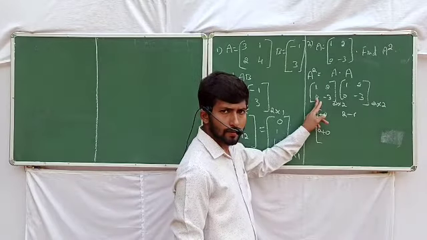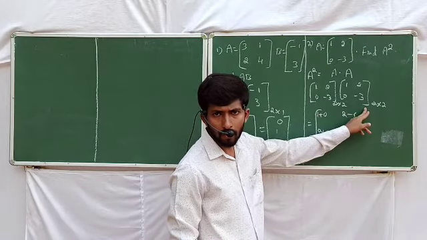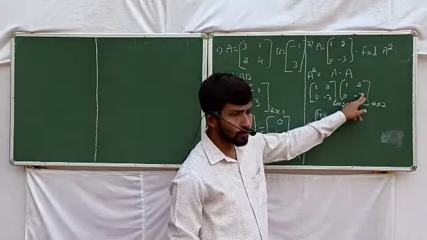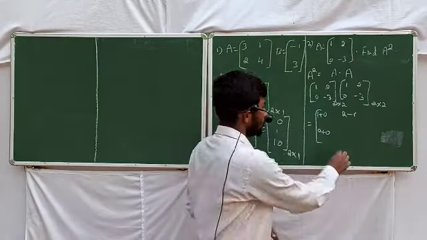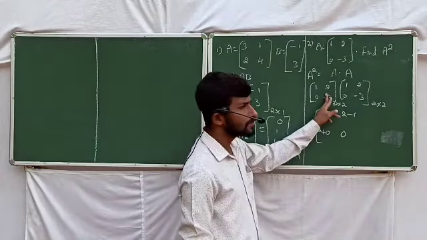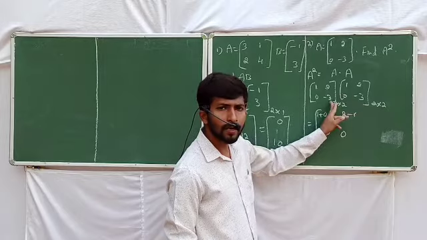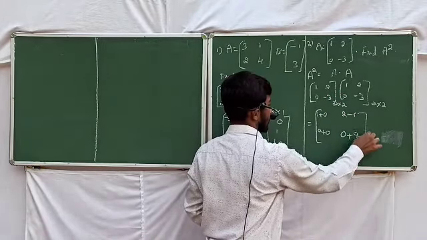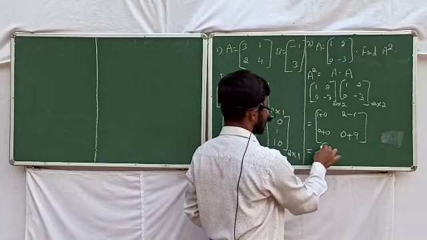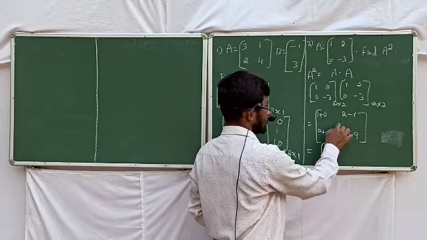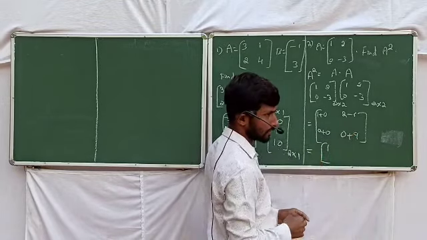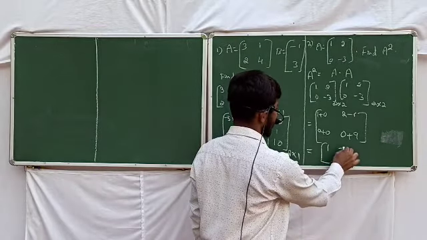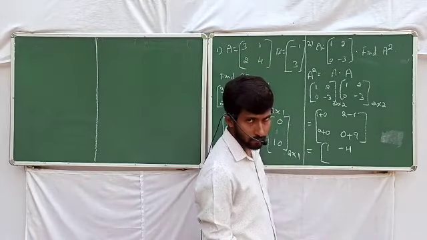Next, second row, second column: 0 into 2 is 0, -3 into -3 is equal to +9. Its value is 1, 2 minus 6, and 2 minus 6 is equal to -4.